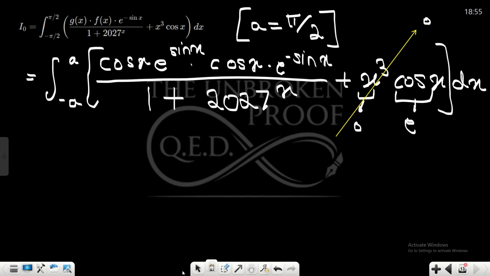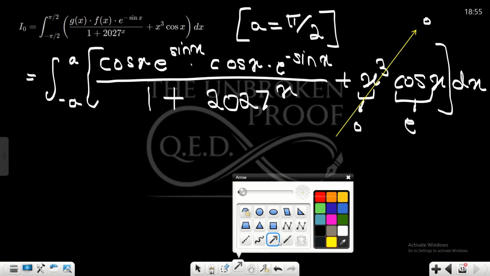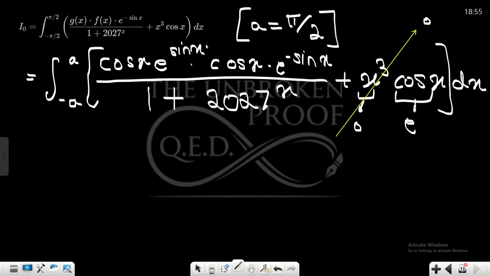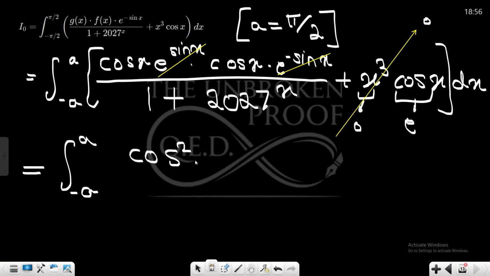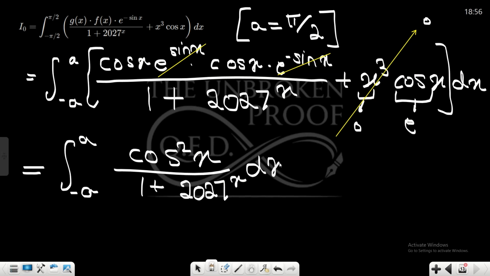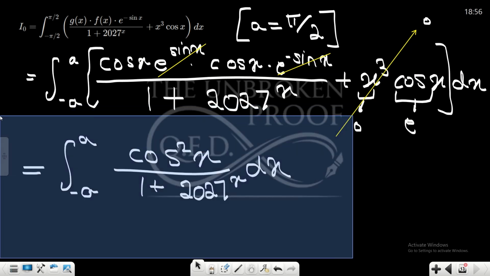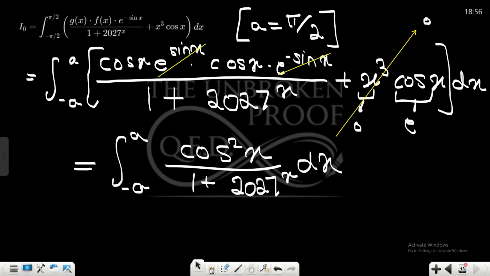And if I cancel out this e power sin x and e power minus sin x, then you will be left with the integral from minus a to plus a of cos square x by 1 plus 27 power x dx. So this is your I naught.